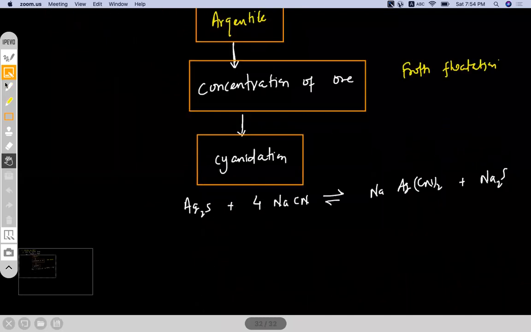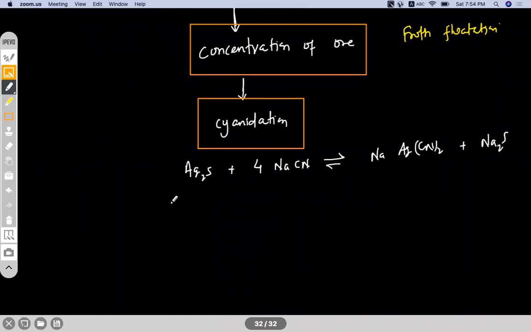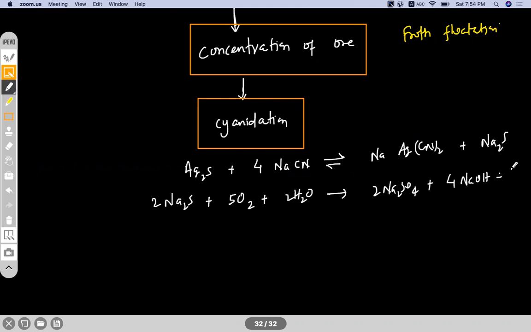So Na2S is further allowed to react with O2 and H2O, giving 2Na2SO4 plus NaOH, and sulfur is removed from this.